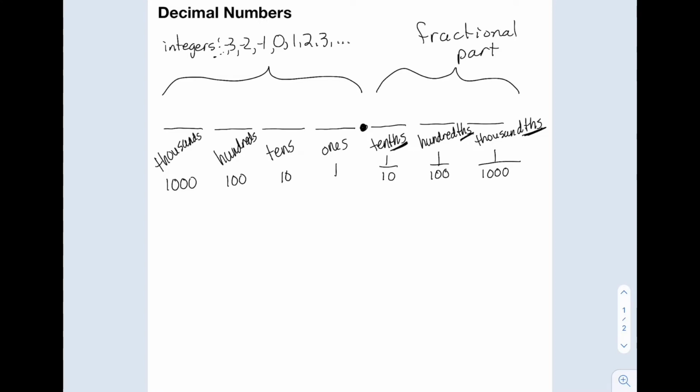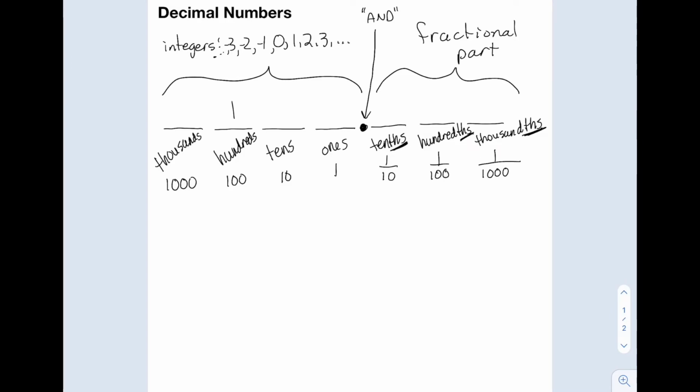When we speak a decimal number, we say the entire integer part or the entire whole number part. The decimal point we read as "and." Then we start saying whatever number is to the right of the decimal place as if it were a whole number, except we tack on the name of the final place value.